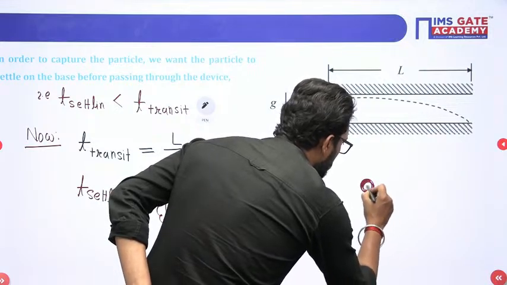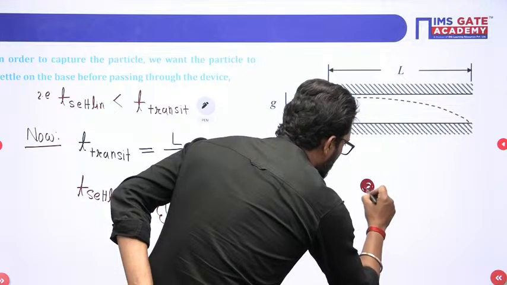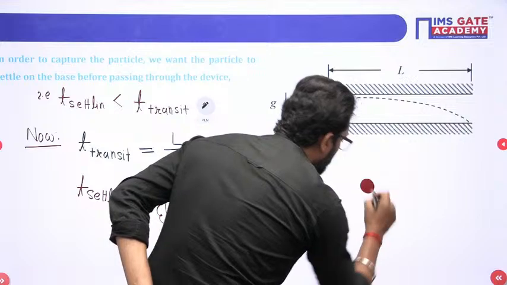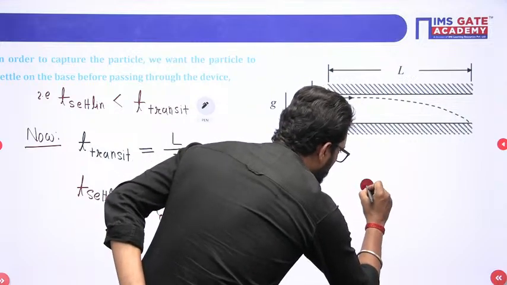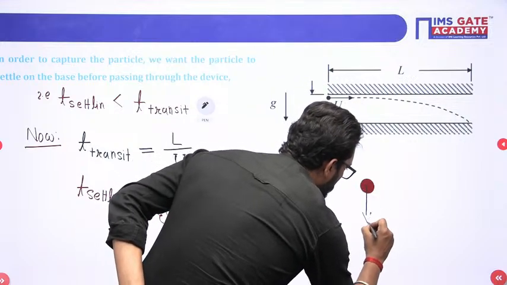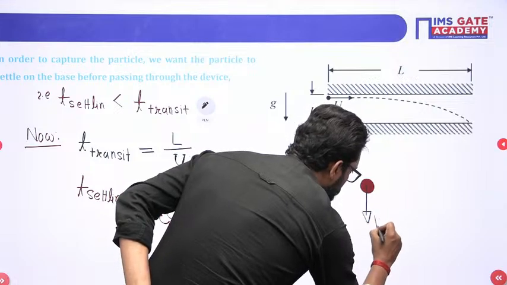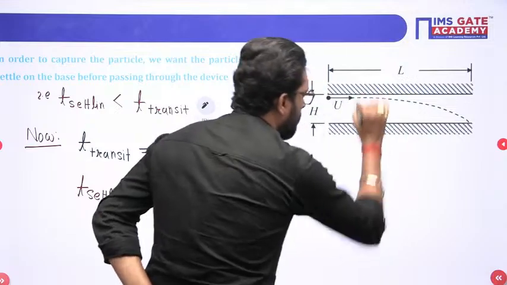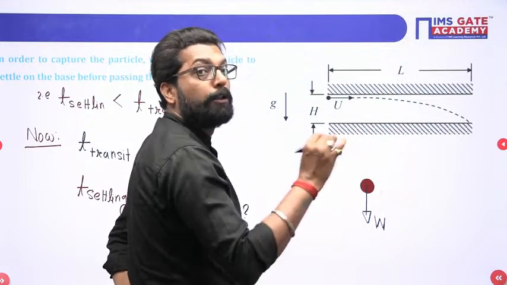This is your particle. On this particle, in the downward direction there is a weight, and in the upward direction there is a drag and also a buoyancy.